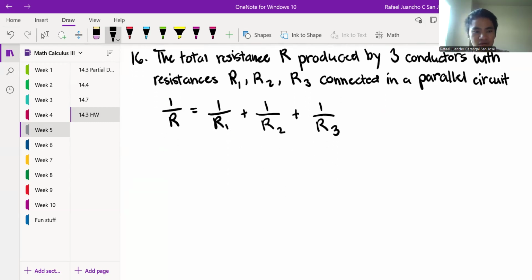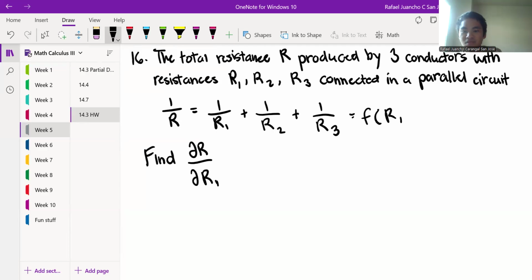And here we're being asked to find a partial of R with respect to R1, right? So this is a function that contains R1, R2, and R3. That's a function, and this is basically saying we find a function of R sub 1. So this is a three variable thing, right? So let's do it.